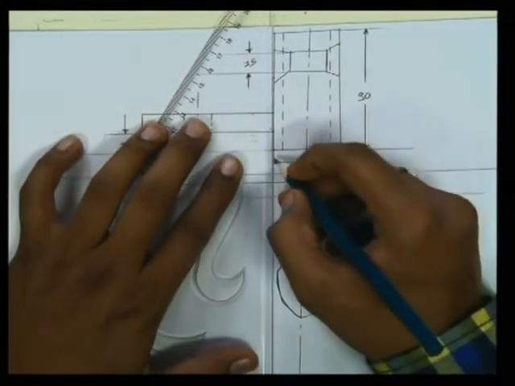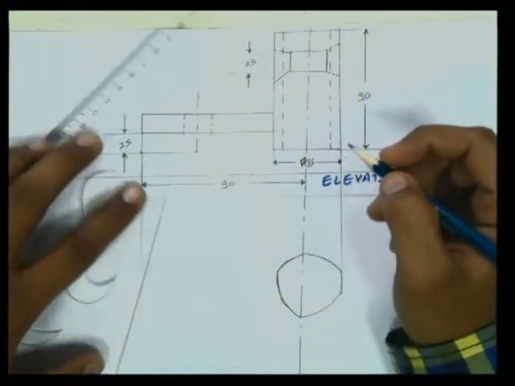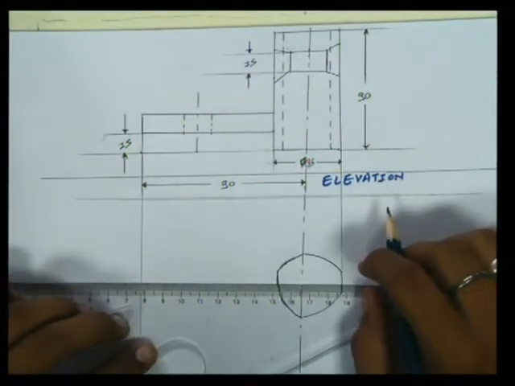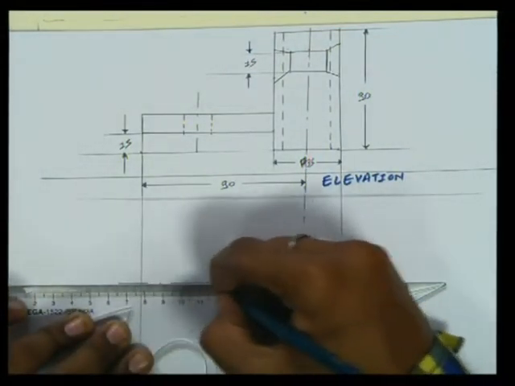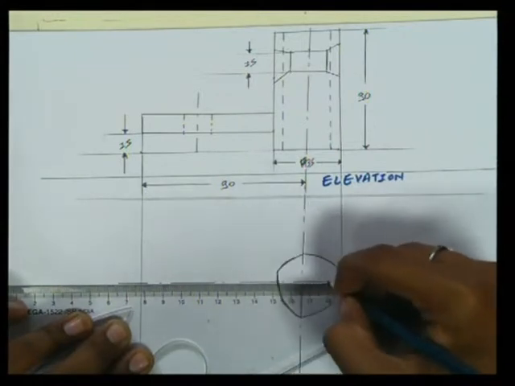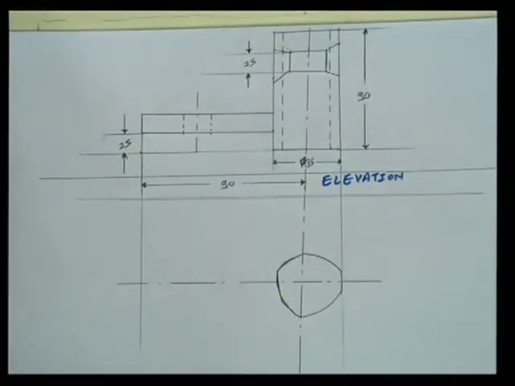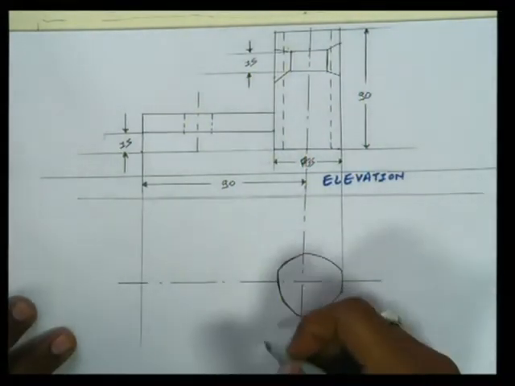Using the French curve, we will take the projections once again. For this, from this center, we are going to take the projections once again.